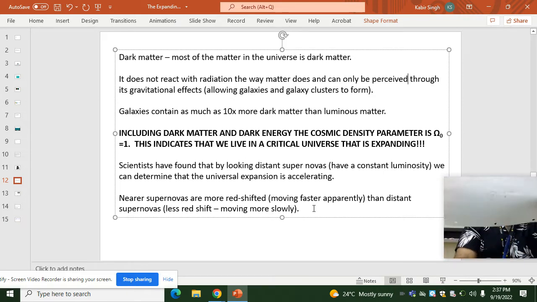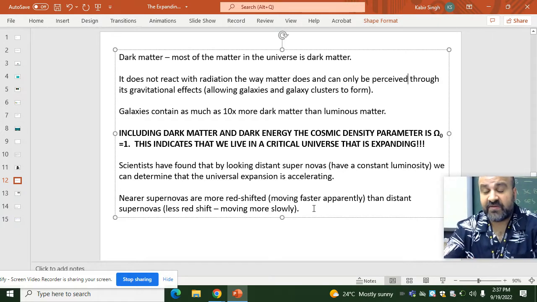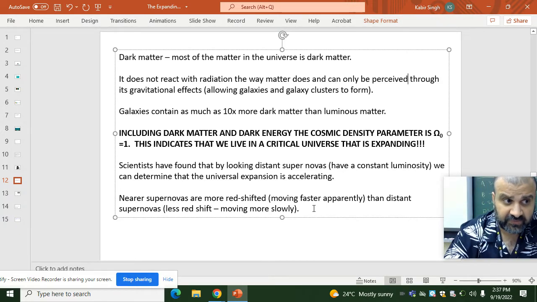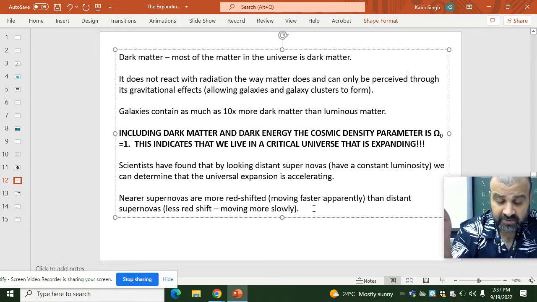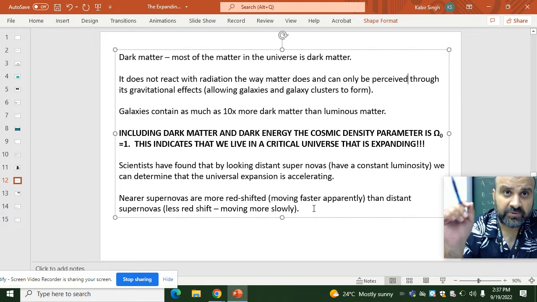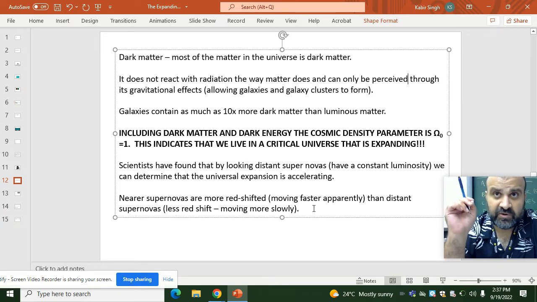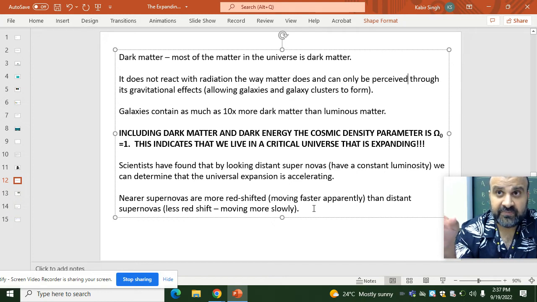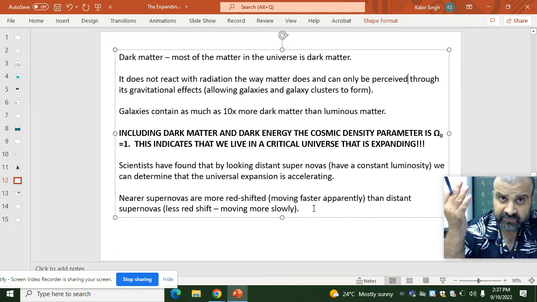So if we have an object that is close to us, and we see it, its light is newer than a distant object. The further away the supernova is, the older that light. If we see a supernova today that is 100 million light years away, it took that light 100 million years to reach us.